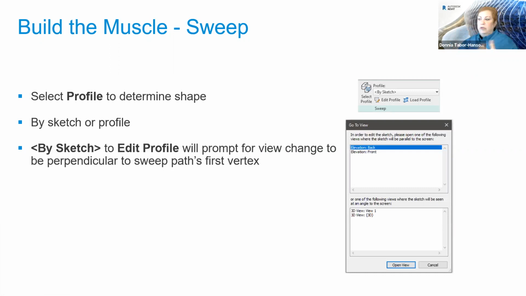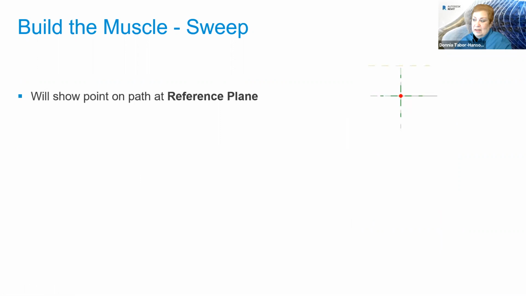And that's going to show you where you've got your outline for where you're going to start, the centroid basically of your sketch for your profile. And if you do this on a curve, that's going to show up in the center of the curve. And you may end up having to do a 3D view to see some of this stuff.